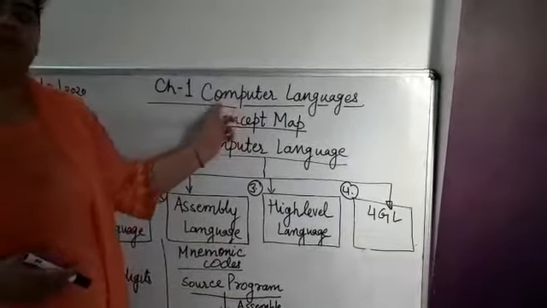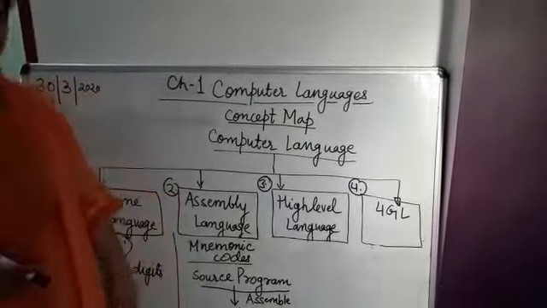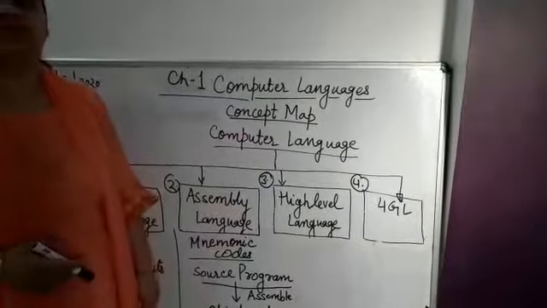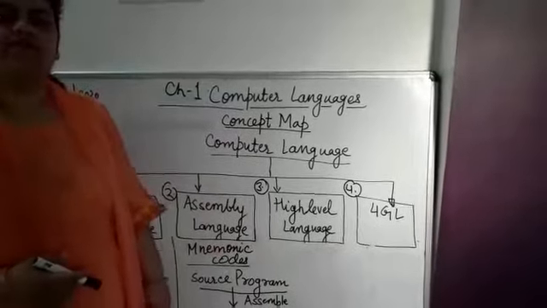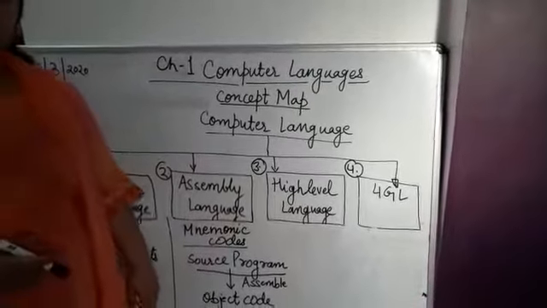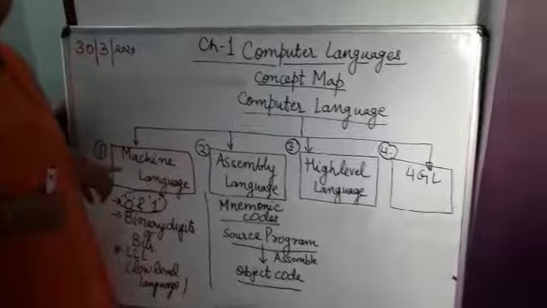That is known as computer language or machine language. So in this chapter, we will be discussing the different languages which have evolved during different generations of computer. Okay. So first generation language is known as machine language.